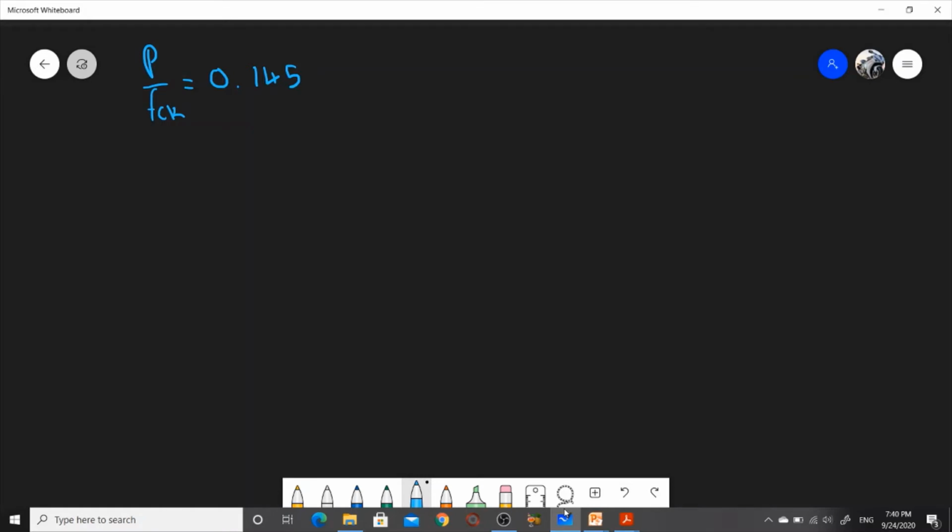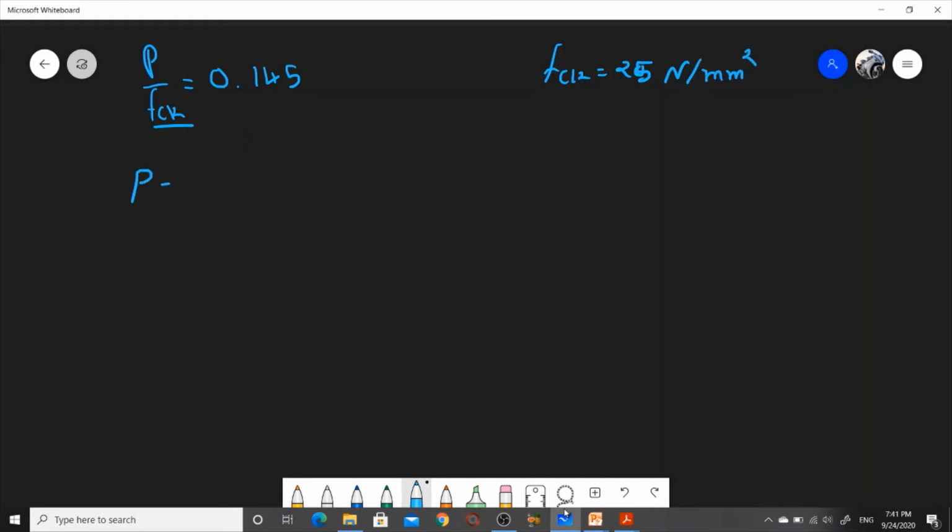This is what I got. p by fck is 0.145. We know fck is 25 Newton per mm square.